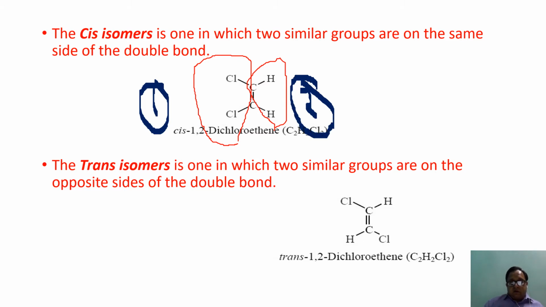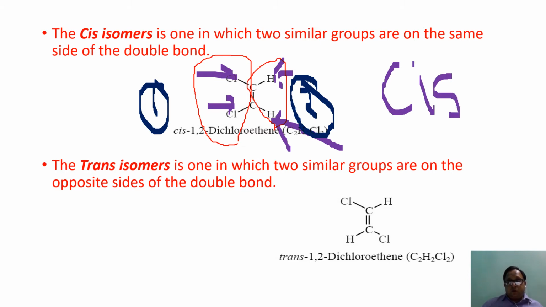If you see the substituents present on side 1, both the chlorines are present on side 1. Similarly, the hydrogen atoms are present on side 2. So similar types of atoms are present on the same side. This type of arrangement is called cis.